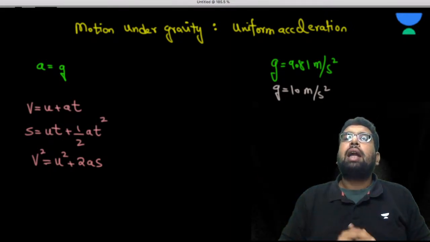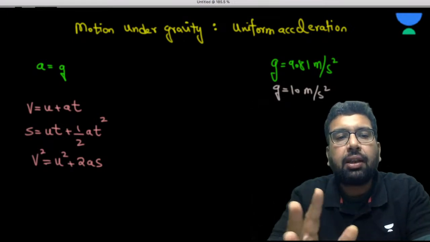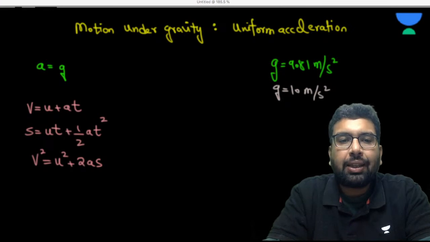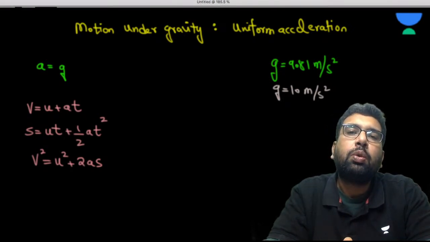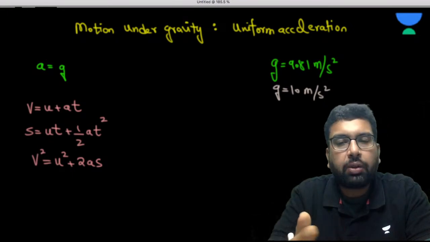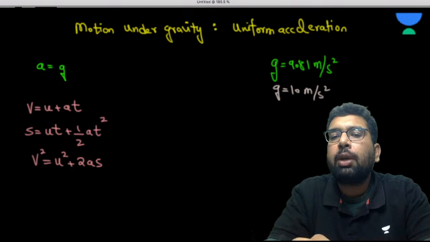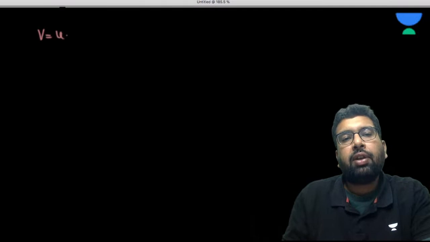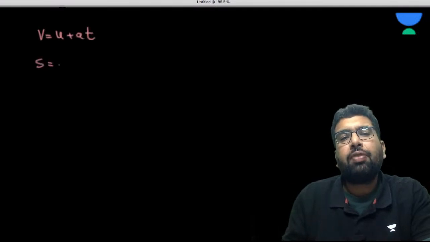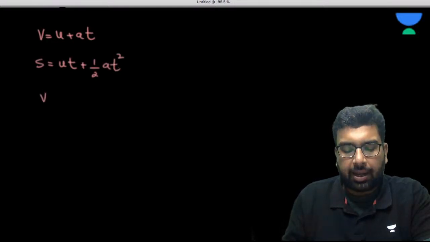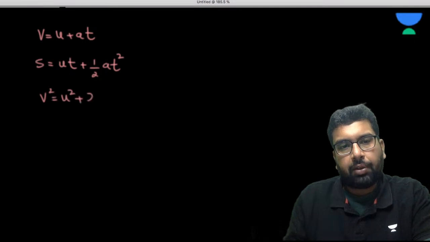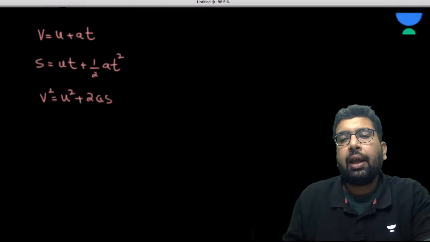Now please understand this. I'll give you some sign convention. This sign convention will be helpful, because you may see a lot of questions coming from this very zone, where a ball is thrown upward, or a ball is thrown from the top of a building, or something like that. Under those conditions, we are going to use this concept. So I'm going to give you some sign convention, using these equations, and then we are going to apply it, and we'll very easily be able to deal with the problems of acceleration due to gravity. v square is equal to u square plus 2as.